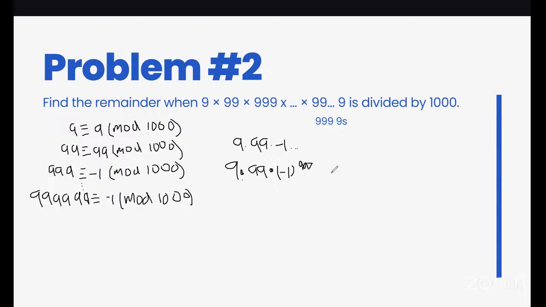So here, because 997 is odd, this whole thing would just be equal to -1. So cross that off, and it's just -1. And then if you multiply that out, you get -891 mod 1,000.